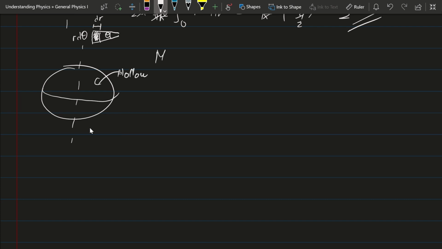So the total mass m will be, in here I will define a surface integral. No, sorry, it will be a surface density, multiplied by the area of this entire sphere, which is 4 pi r squared, if you know the radius.